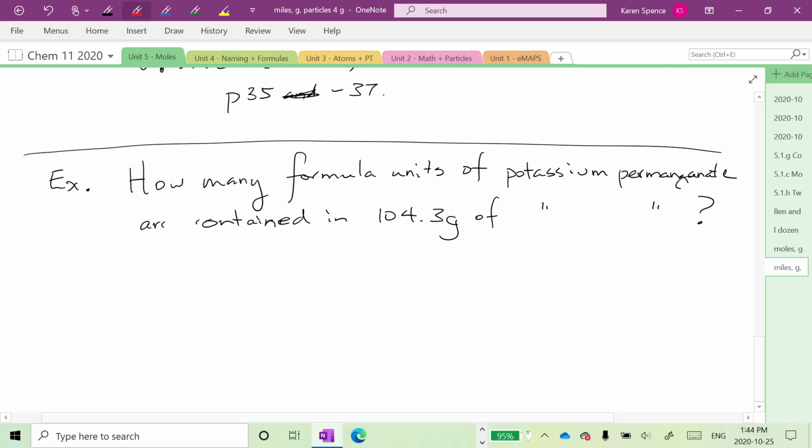Okay, our initial quantity is 104 grams of potassium permanganate.